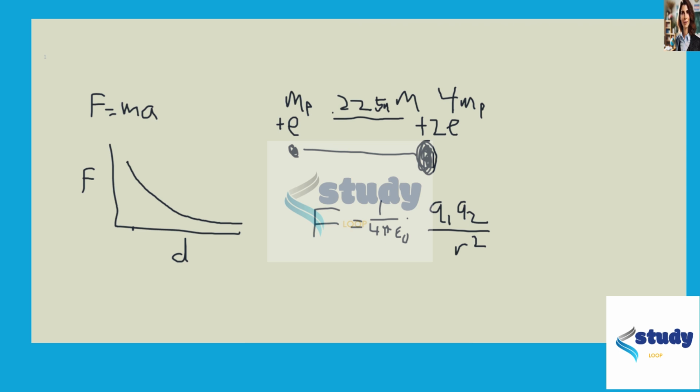So let's go on to another screen in order to plug in some numbers. Okay, so we said that acceleration max is going to equal F max divided by the mass of whichever particle we're looking at. And from Newton's third law, we know that this max force is going to be the same for both particles, but opposite in direction.